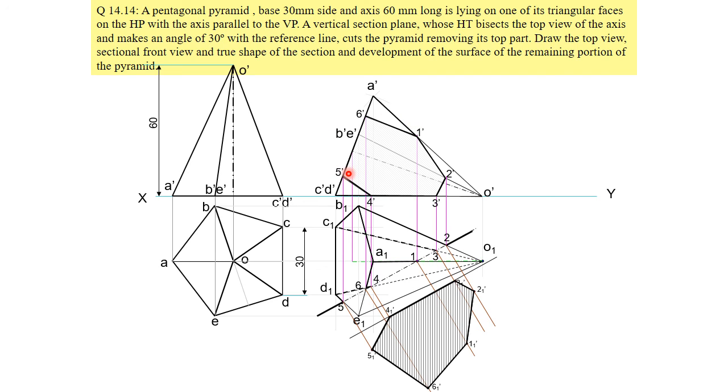When we see this pentagon pyramid whose triangular face is on HP, a cutting plane is cutting the solid, perpendicular to HP and making a 30-degree angle with the axis of the solid.